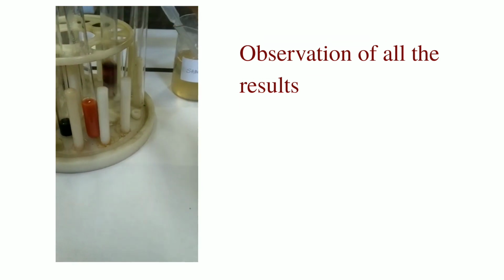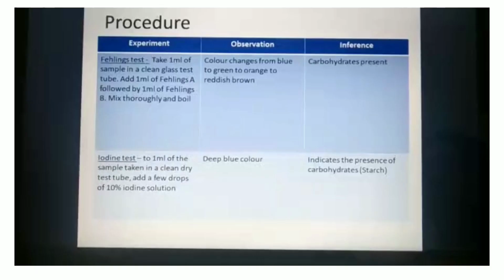And for the Molisch test, if you allow it to stand for some time, you can see clearly the acid and the analyte. In between that there is a purple color ring. So all these tests indicate the presence of carbohydrates in the given sample.